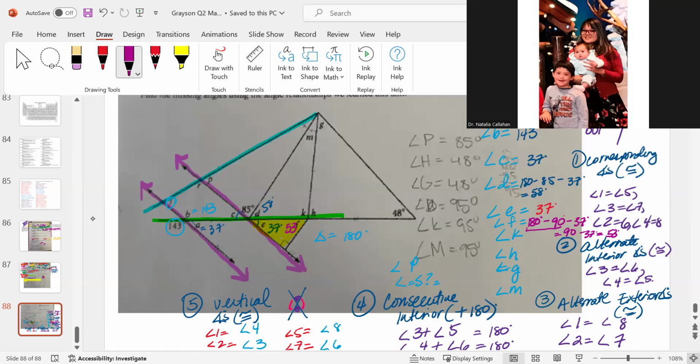Okay, we're kind of stuck here, Silas. Silas, we need some help. I'm kind of stuck. I'm not quite sure how to find some of the other ones. Which one are you trying to find? Trying to find either this one, or this one, or this one, or this one. I don't get it.